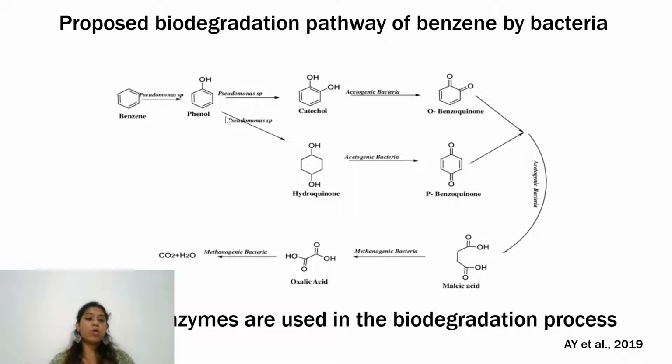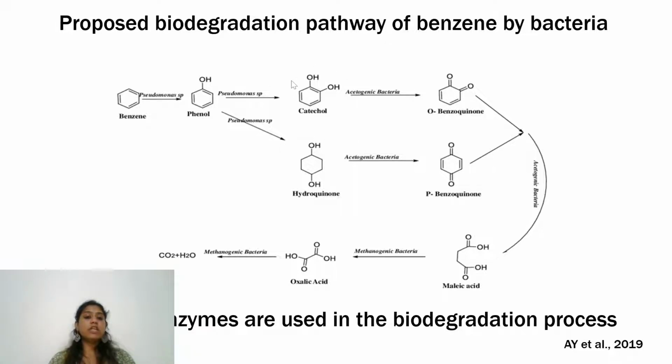Then one can use Pseudomonas, which is called the superbug, Pseudomonas putida, and different strains of Pseudomonas are used for degradation of oil spills and so on. Here in this case as well, Pseudomonas can degrade benzene to phenol, it can be the same strain or a different strain which can further break it down to catechol or hydroquinone.